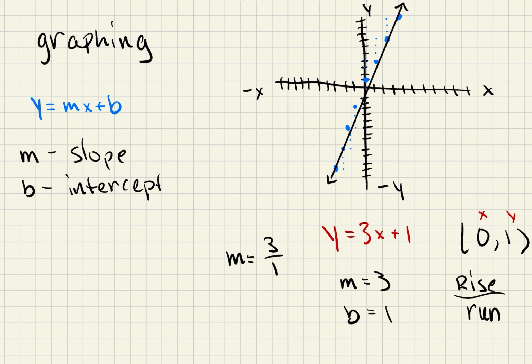And a linear equation is just an equation that has an x to the power of 1. So our order is just 1. Sorry, that shouldn't be x equals 1. It should be order equals 1.